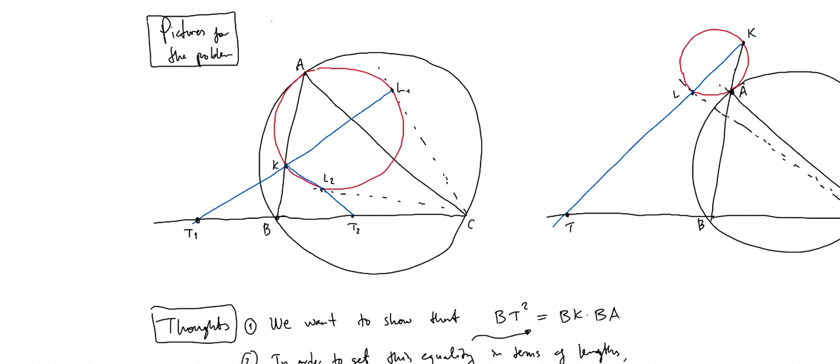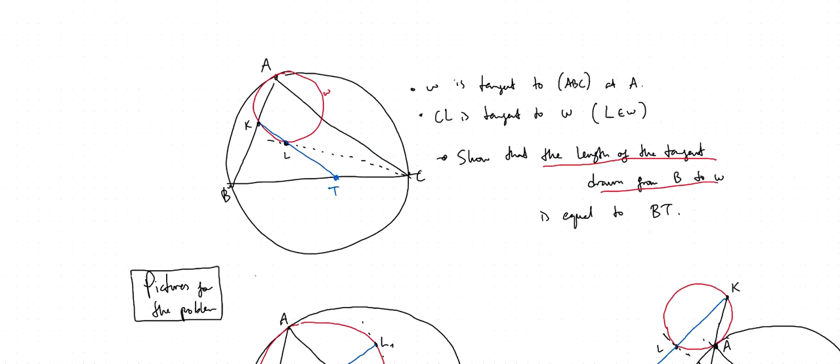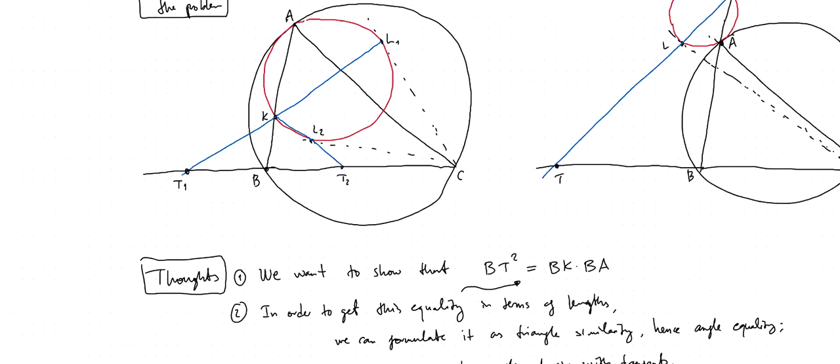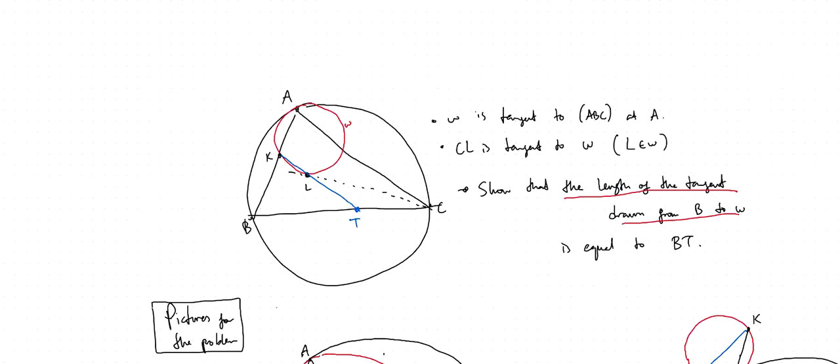So part of this will be, first of all, how can we formulate this as triangle similarity, and how can we formulate this as angle equality? This is the first thing. And then secondly, how can we obtain angle chasing from the given figure?